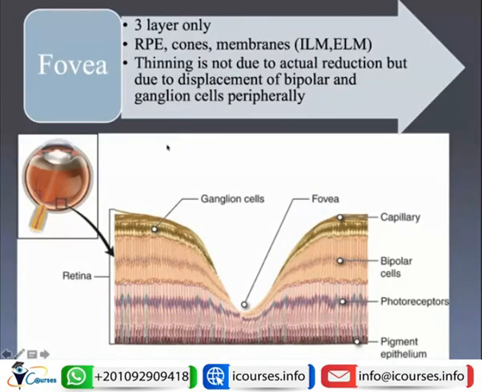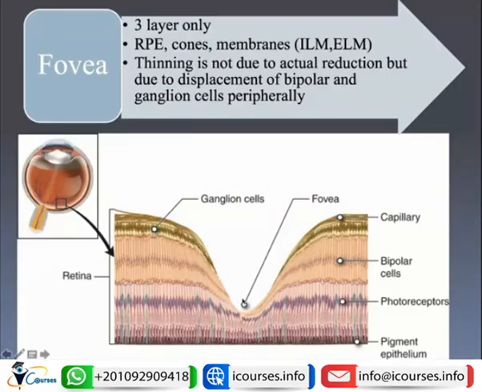Just some more hints about the fovea. As you can see here, this is the foveal depression, or the central foveal depression, which is a concave-like depression. The fovea is formed of only 3 layers: the photoreceptor layer and the internal and external limiting membranes.